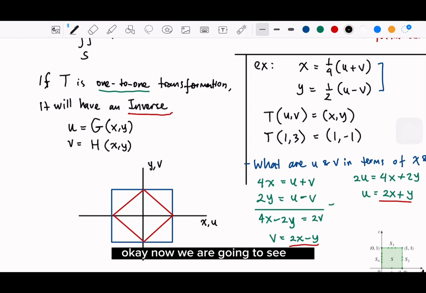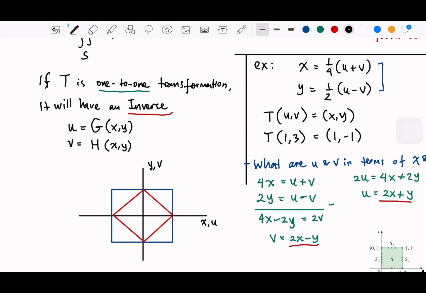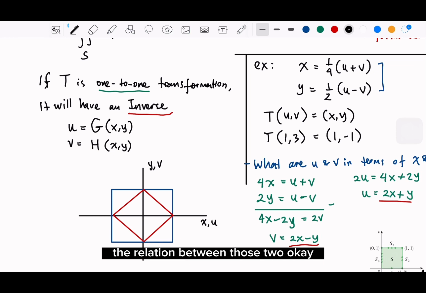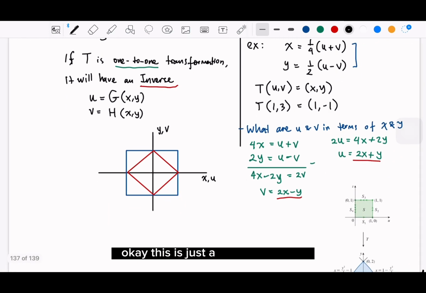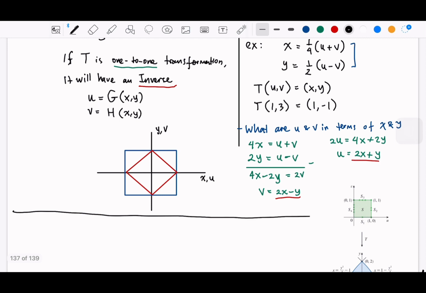Okay, now we are going to see for some next examples how we change from the xy plane to the uv plane, okay? Or from any other variables that we have the relation between those two, okay? Okay, this is just a simple example.